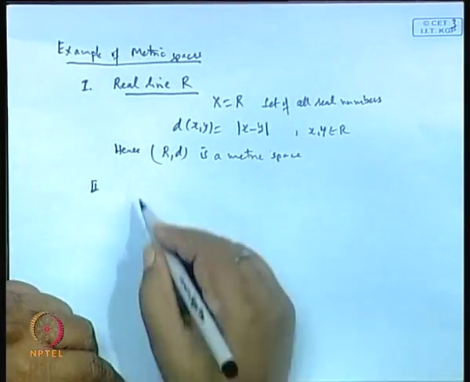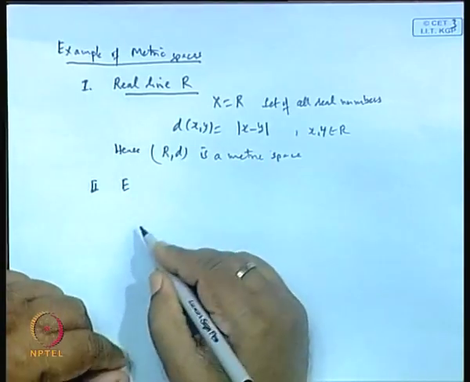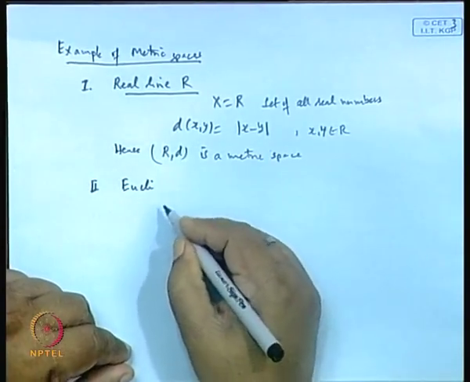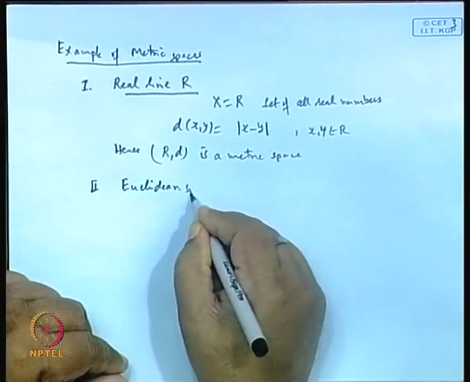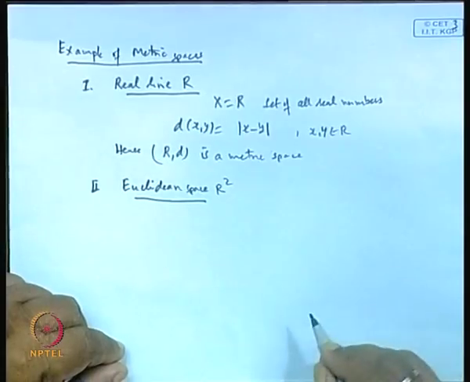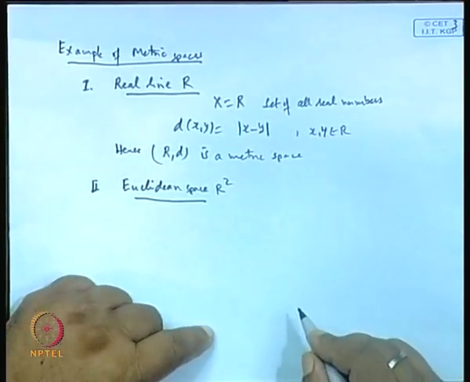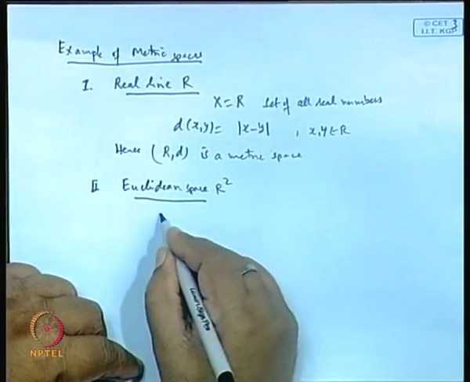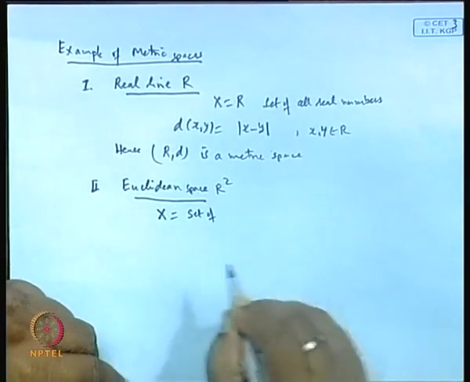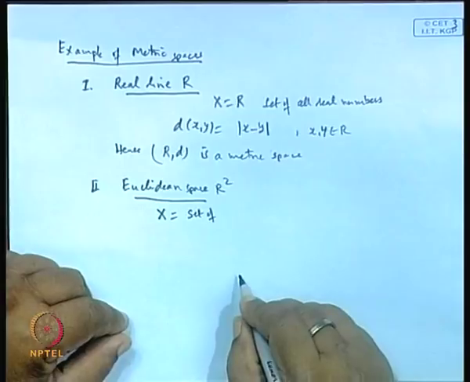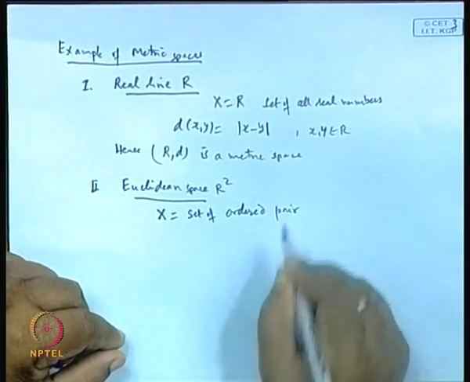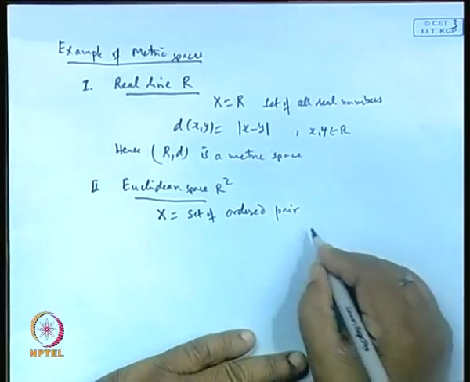If we take the Euclidean space R2, let X be taken as the set of all ordered pairs of real numbers.